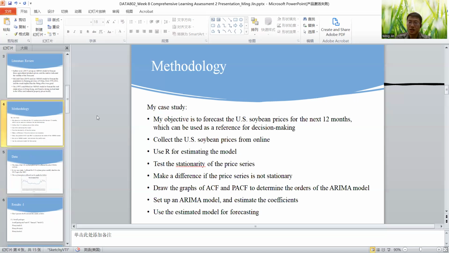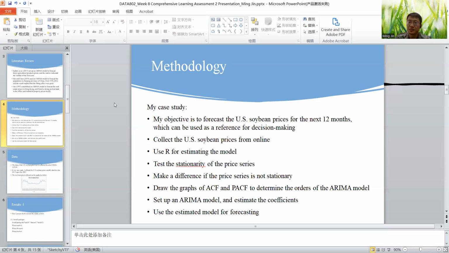In the next section, I'd like to introduce the methodology that I will use for my case study. The objective of my case study is to forecast the US soybean prices for the next 12 months. This is a pretty important reference for decision making.